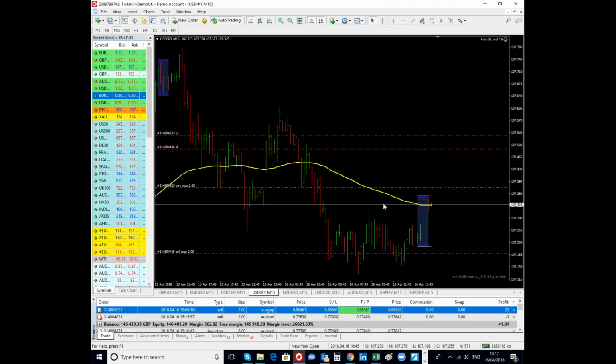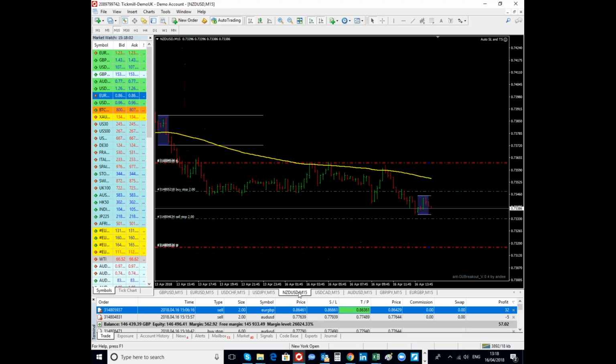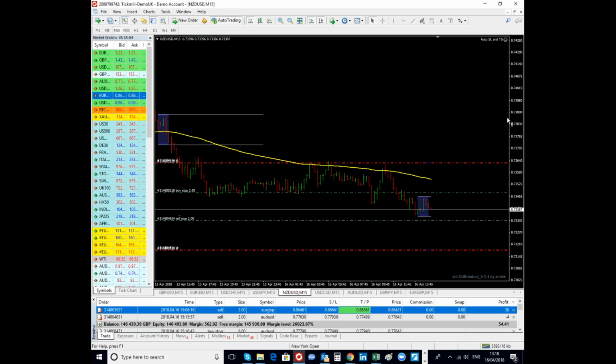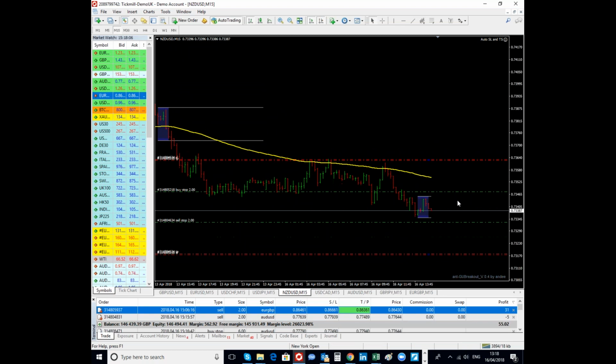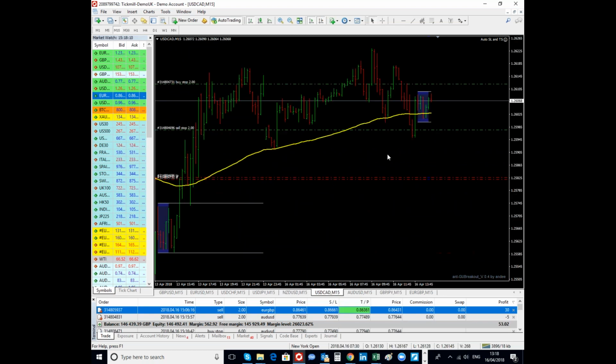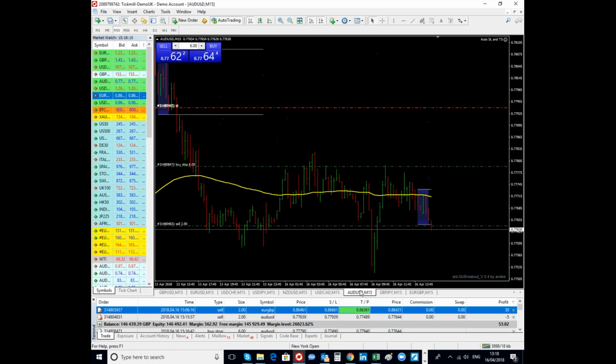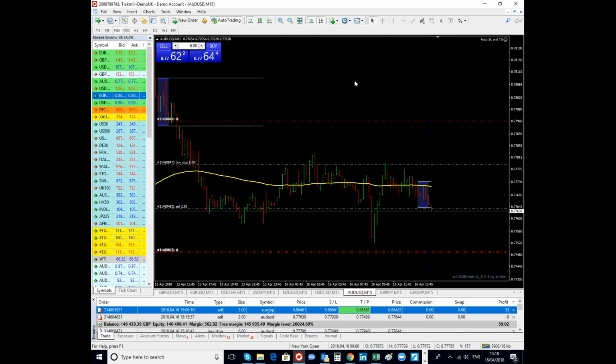Dollar yen has had one small break and it seems to have gone stagnant again for some reason. Let's see what New Zealand dollar's going to do. That could be alright for a breakout, nice tight range. Dollar CAD, not yet. So it is basically just this one here. See if that goes to target, and if the other one hits target as well, then we'll see if the other ones play out.